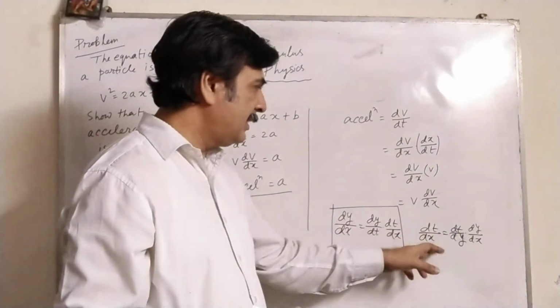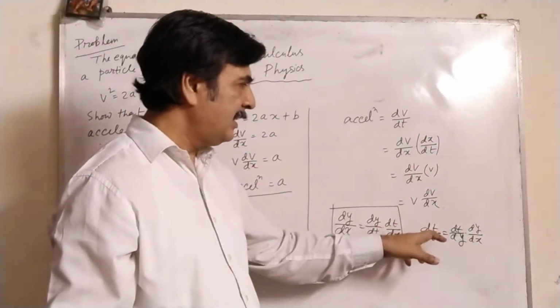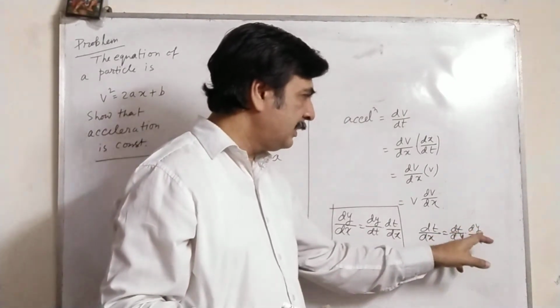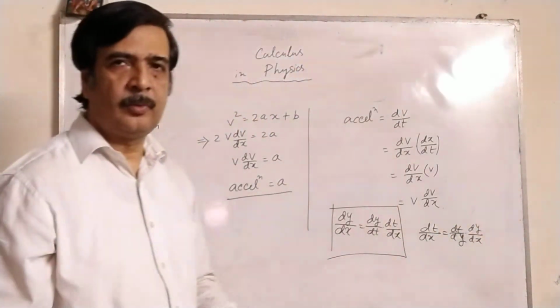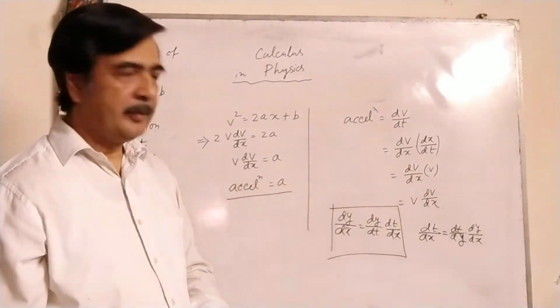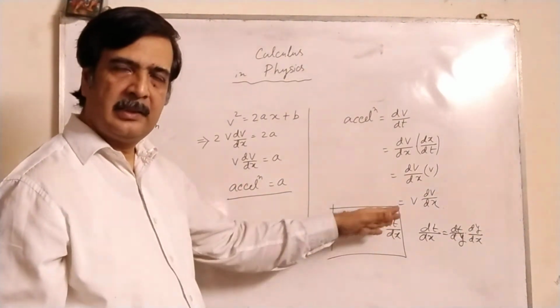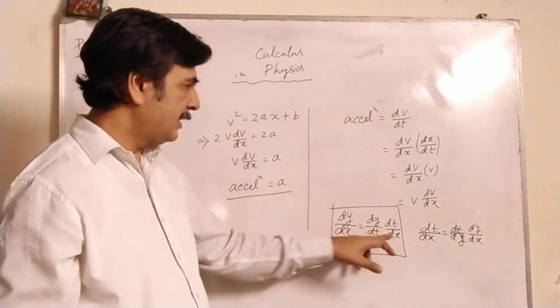That means the derivative of t with respect to x is equal to the derivative of t with respect to y into the derivative of y with respect to x. So that is the formula. For simplicity you can remember it in this way, it is repeated, dy/dx.